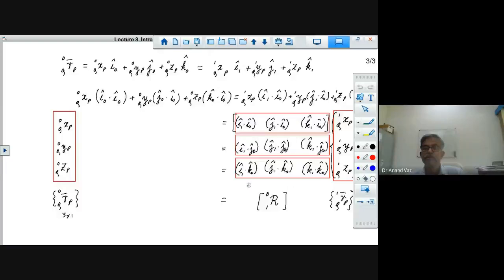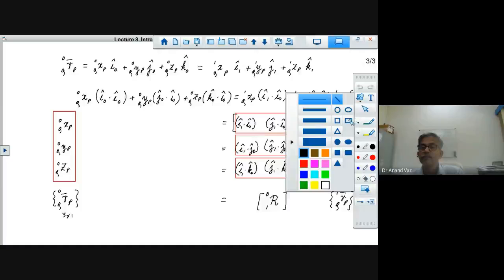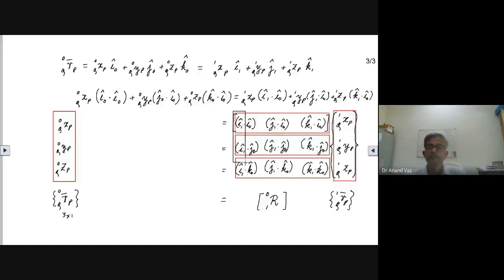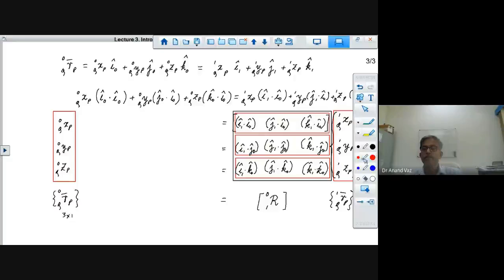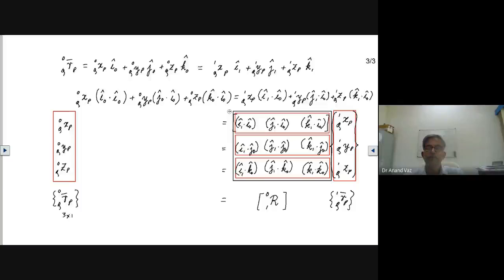So we got a matrix here. This matrix that we got is our R matrix. So we represent it using this notation.